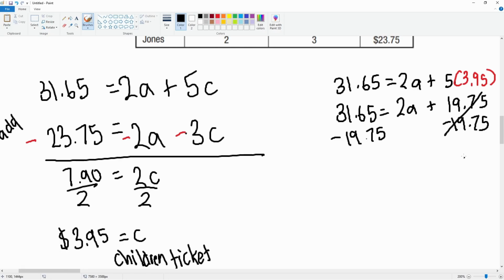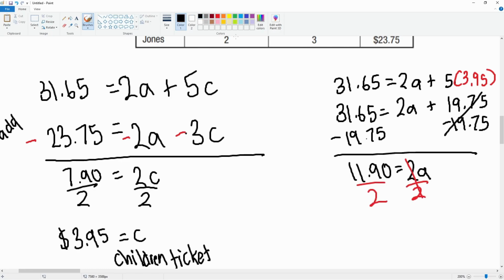This cancels. So it is $31.65 minus $19.75. This gets you $11.90 is equal to 2 adults. Divide both sides by 2. So the adult is going to be $11.90 divided by 2, which is $5.95. So this is the adult ticket.